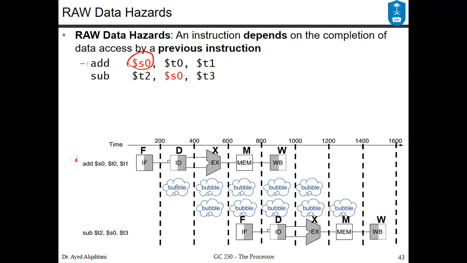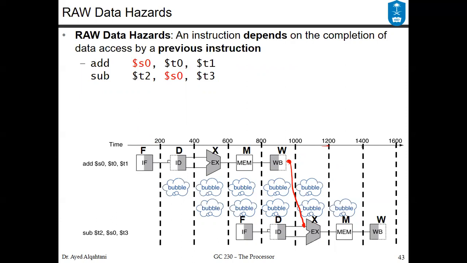And at this point of time, it won't be ready until you write it back right there. So this means that the next instruction can have this supplied to the ALU for execution only at this time. So you can prepare the fetch and decode before the execution this way. Notice that in the timing diagram, you can't go back. You cannot go back to the past.